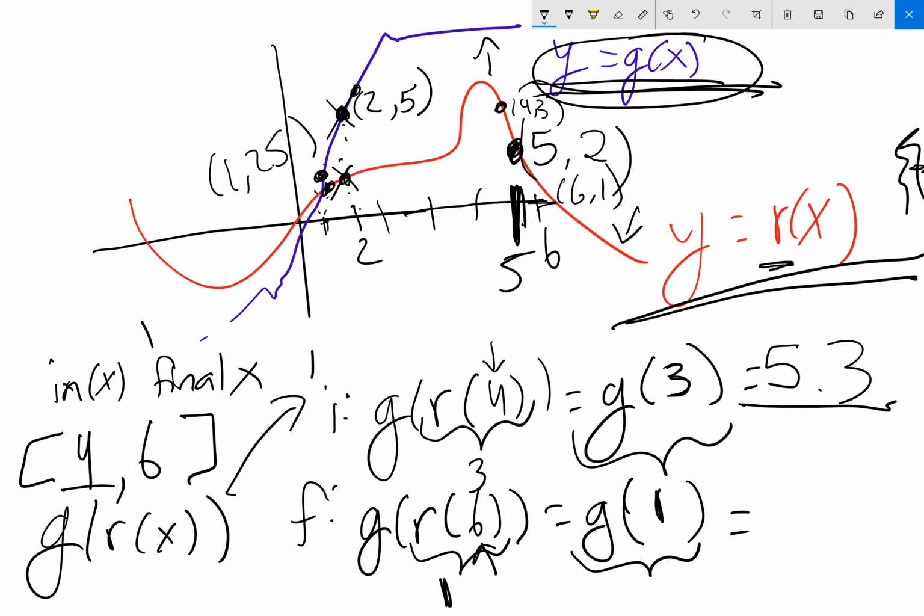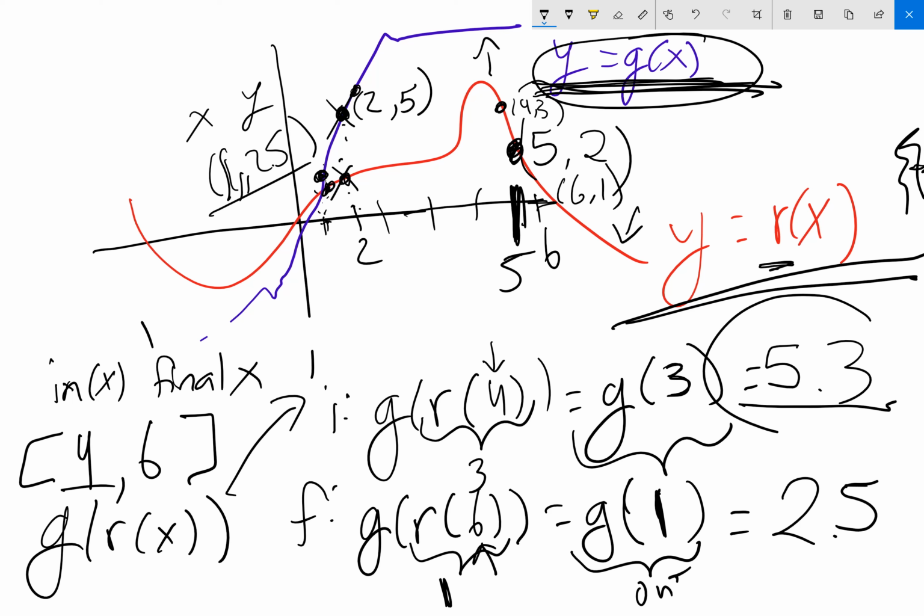So same thing, what is the output of the g function, the blue function, when x is 1? We get the point 1, 2.5. So this is our initial output, this is our final.